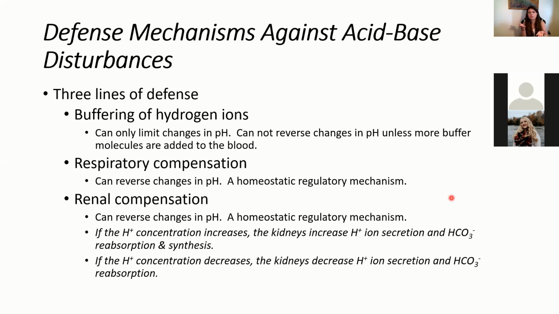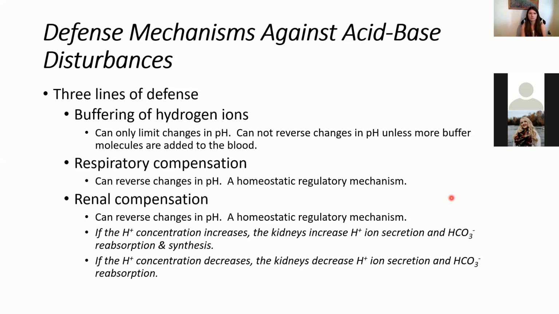Likewise, they can toggle this, right? So they can either increase hydrogen secretion and bicarbonate reabsorption and synthesis, both of which would affect too much acid in your plasma. So both of those would affect acidosis, or they can also fix alkalosis, right?